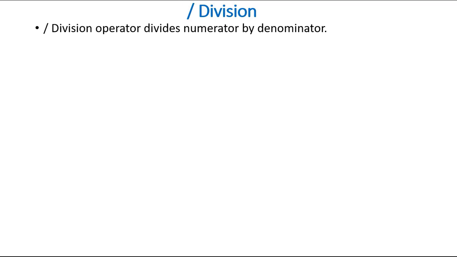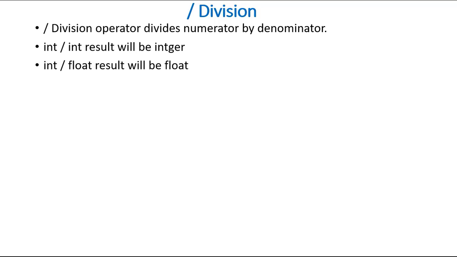Now let's understand division operator in depth. Division operator divides numerator by denominator. If numerator is integer, denominator is integer, then result will be integer. If numerator is integer, denominator is float, then result will be float.